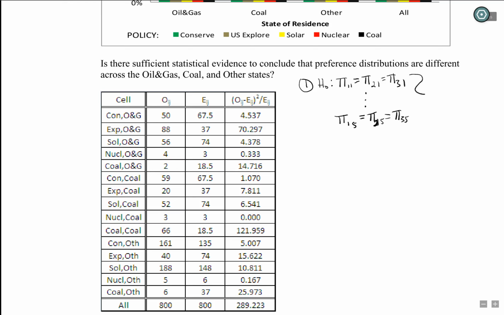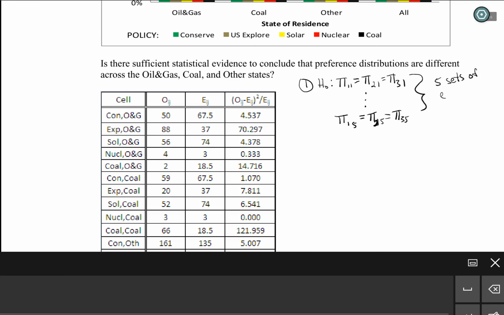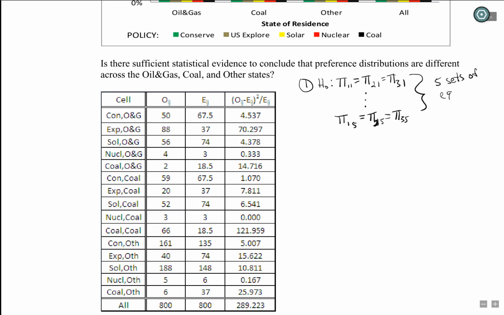And really what's going on here is we have 5 sets of equalities. You can think of the hypothesis that way.